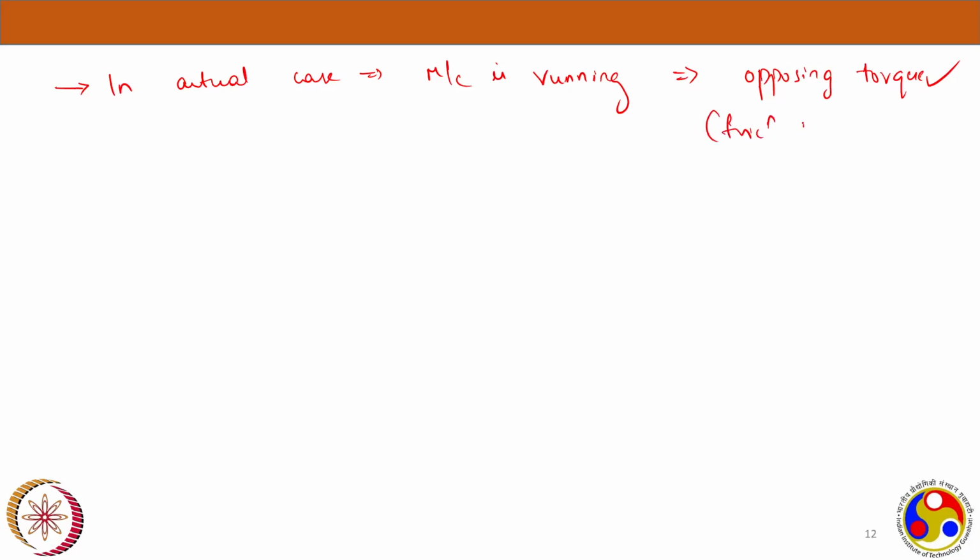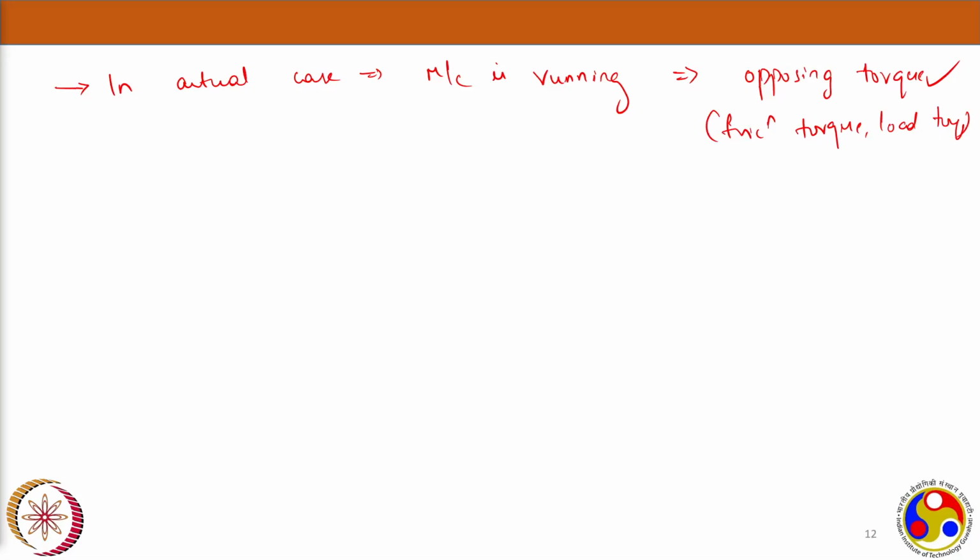So the machine is running and an opposing torque exists: friction torque, load torque, all these kinds of opposing torque conditions will exist in the actual motor.